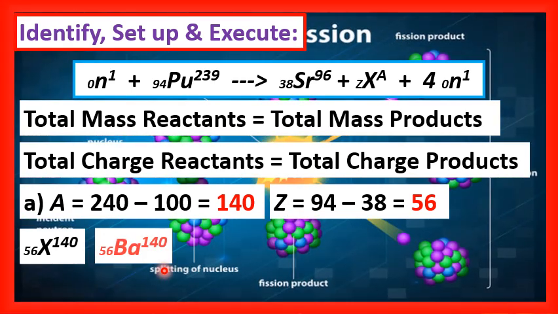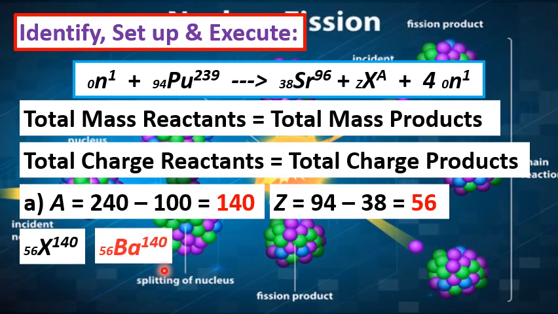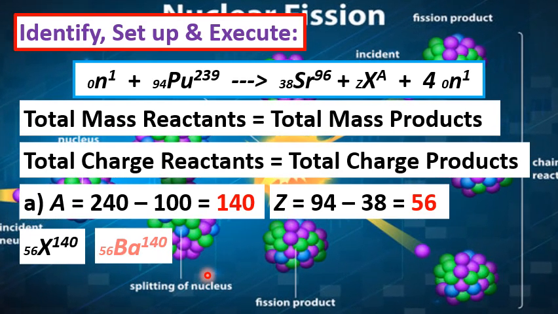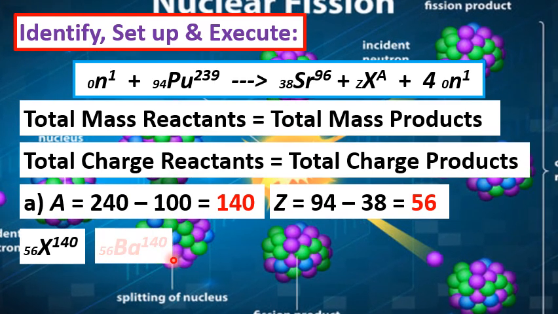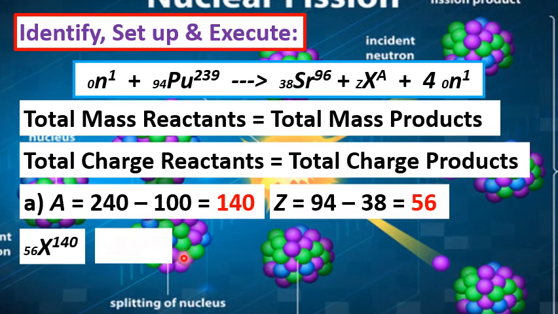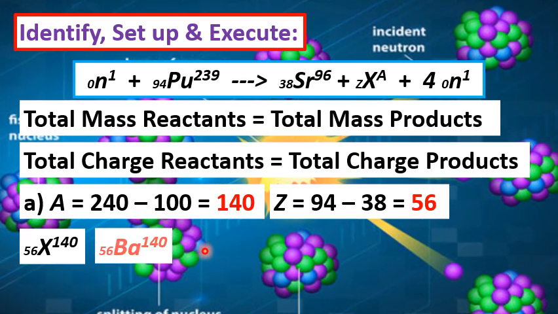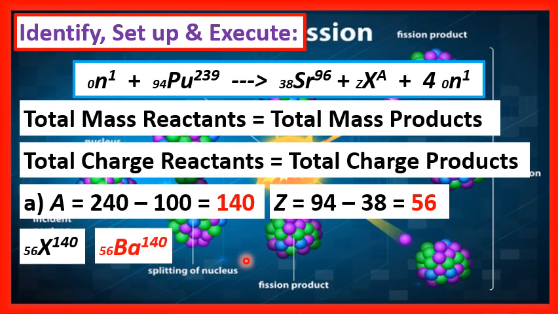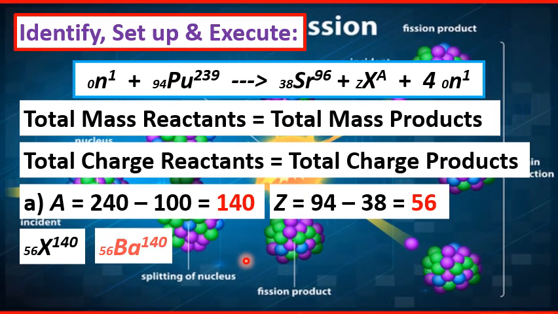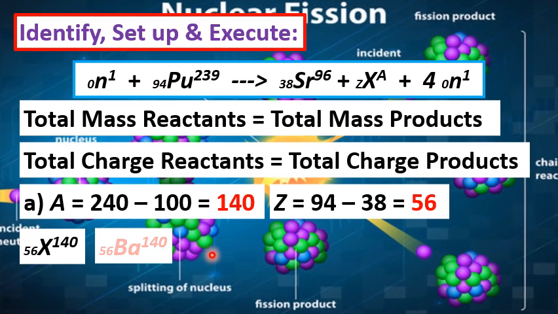So this element or isotope barium 140, right, is considered a stable isotope of barium. That means it is no longer radioactive.